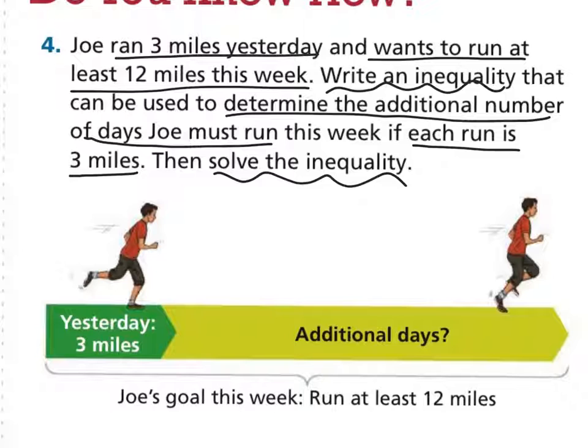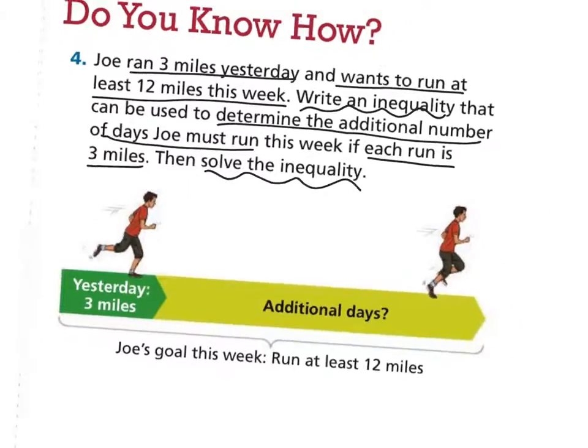So a problem like this, a lot of you guys I'm sure can look at this and figure this out. Some of you could maybe even figure out in your head what's going on here and get an answer. It did ask us, however, to write and solve an inequality. So we have to have an inequality written down and we have to solve that inequality. Having said that, though, there are different ways that we could write our inequality and still be correct.